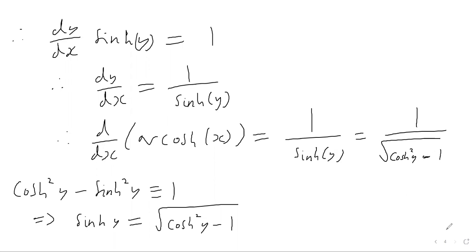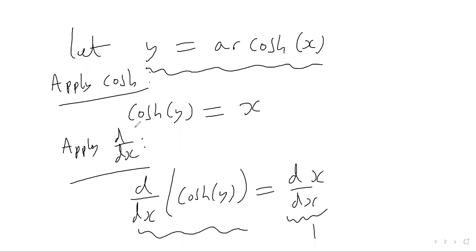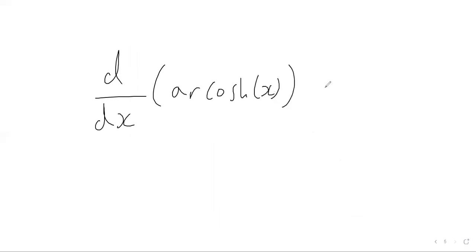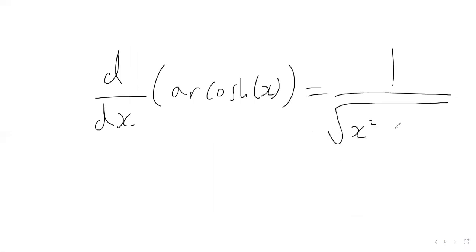And of course, we know from a previous slide that cosh of y equals x itself, so we can just plug in x. So 1 over the square root of x squared subtract 1. Therefore, in conclusion, when you differentiate the inverse hyperbolic cos function, arcosh of x, with respect to x, you get 1 over the square root of x squared minus 1. And that's our final answer.